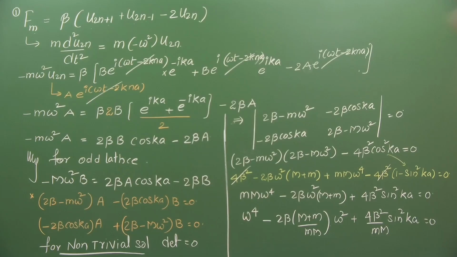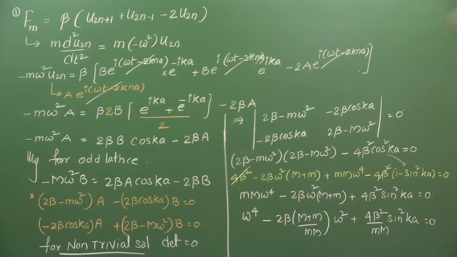Finally, you got a quadratic equation in terms of omega square. If you copy that also, no use at all. Just take common, that will be cancelled. After that divide with small m capital M.